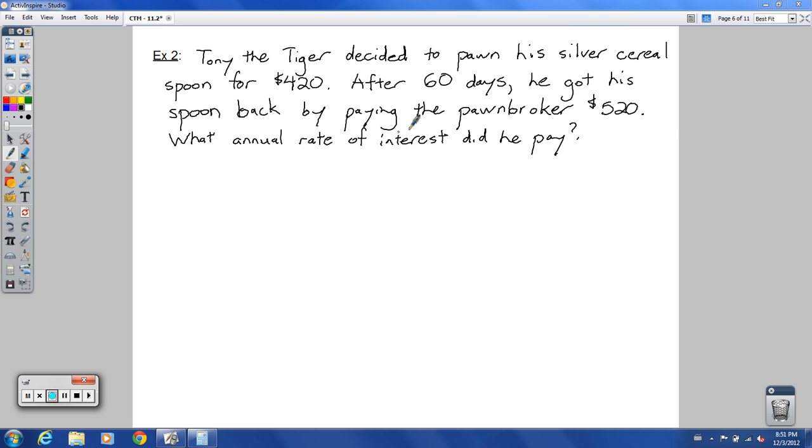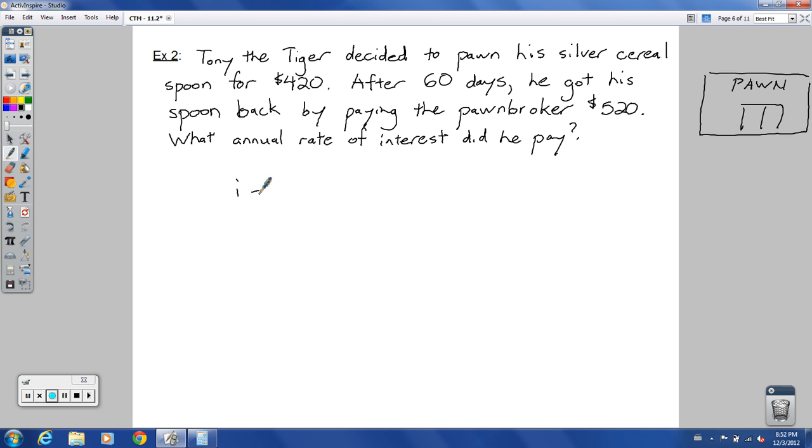Okay, forget the drawing. So pretend he's got this spoon. He brought it to the pawn shop. Maybe this could be a little pawn shop like this. So he went to the pawn shop. Poor Tony the Tiger. He went in there. They snookered him. They got him for quite a bit of money there, but he was just on tough times. He needed that money, and so what's he going to pay?